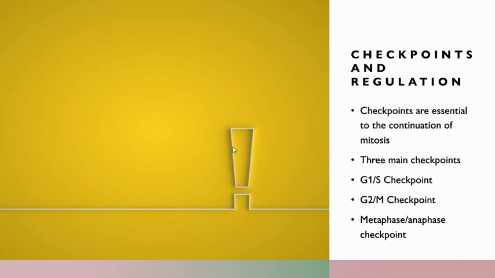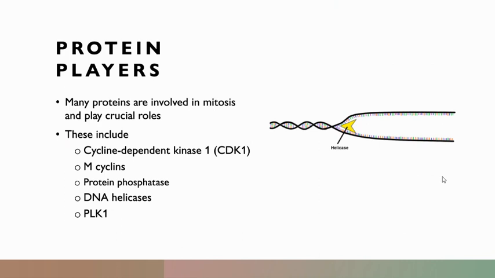So I mentioned earlier that there are protein players that are involved in the cell cycle, and let's take a look at some of these. Now, these are not all of them, but these are crucial ones. There are two that I haven't listed that play just as important a part, and I want to talk about those real quick. The first one is the mitotic spindle protein, and it's a machinery that uses microtubule-based motor proteins to organize and drive cell division.